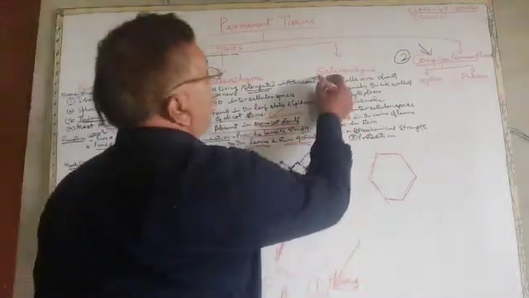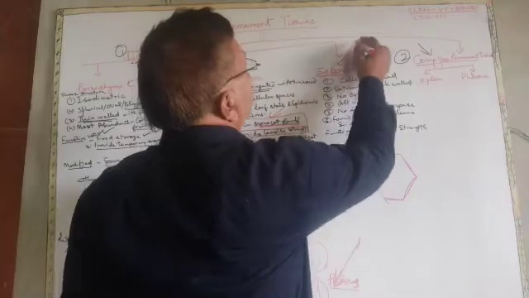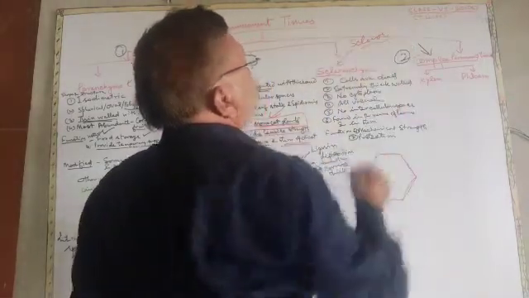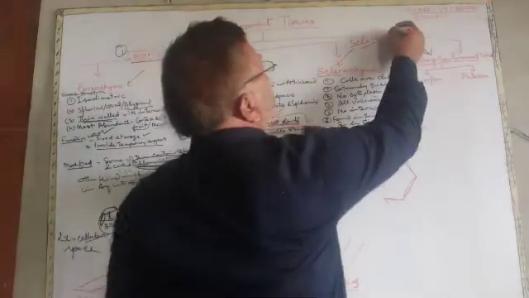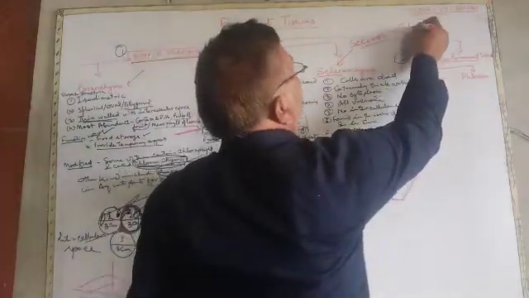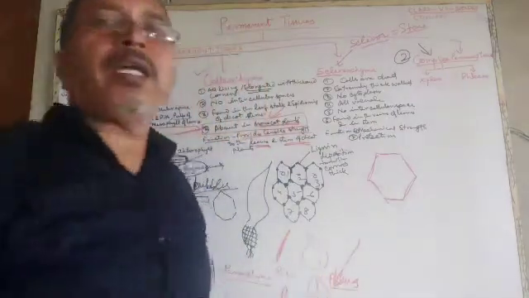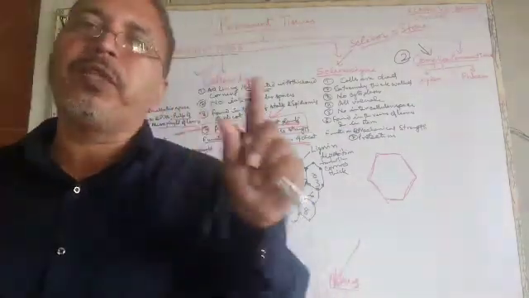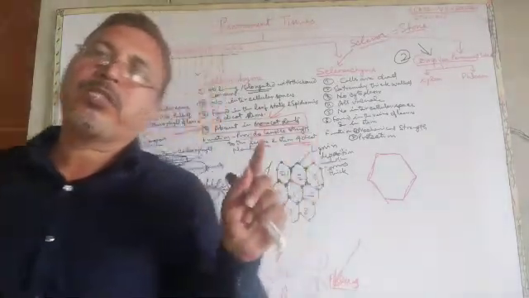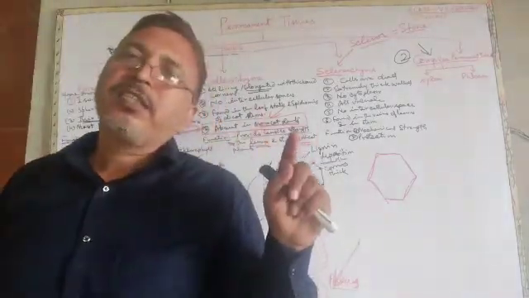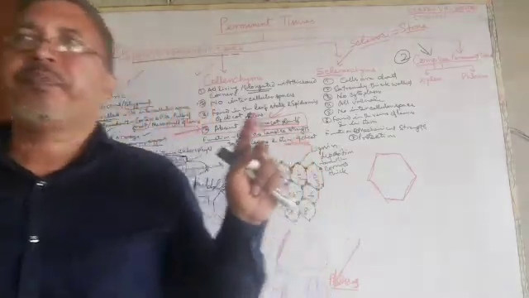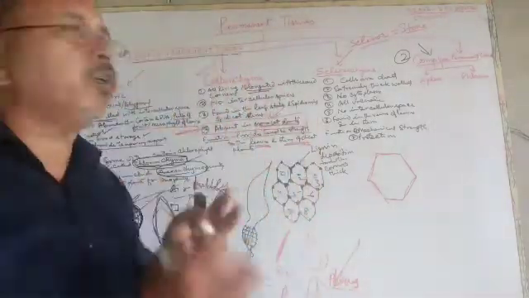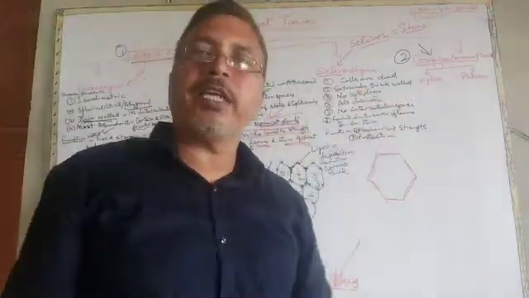This word sclerenchyma has come from the word scleros. The meaning of scleros is stone. So all these stone-like hard parts of the plants, generally the shells of nuts like coconut and groundnut, the outer protective covering, are made up of sclerenchyma.